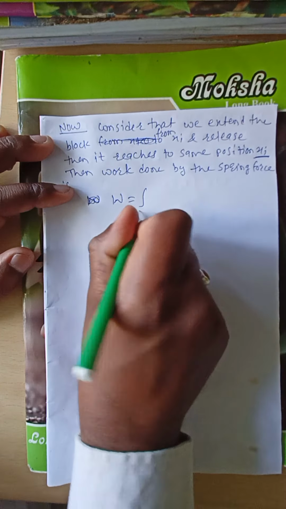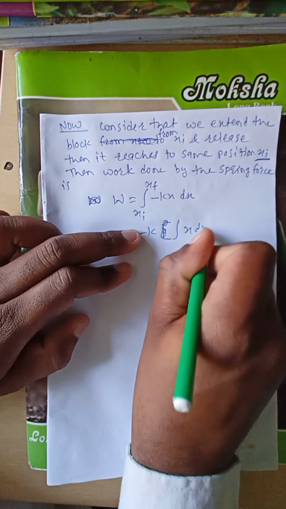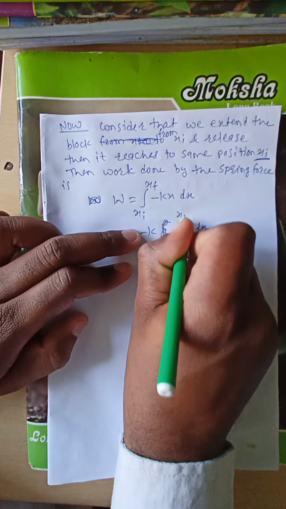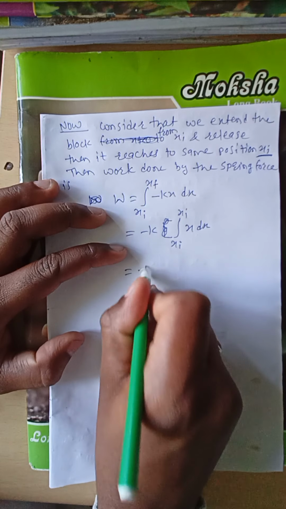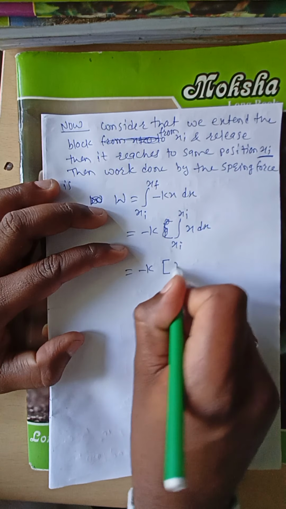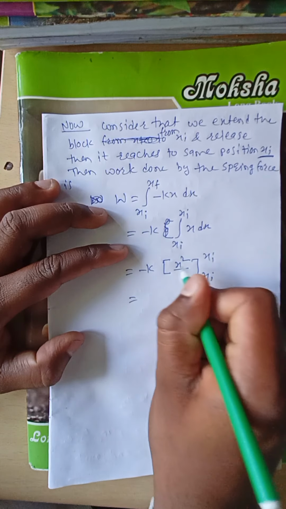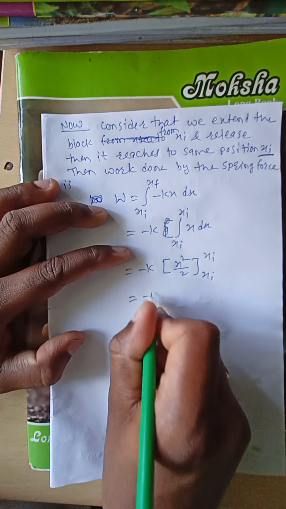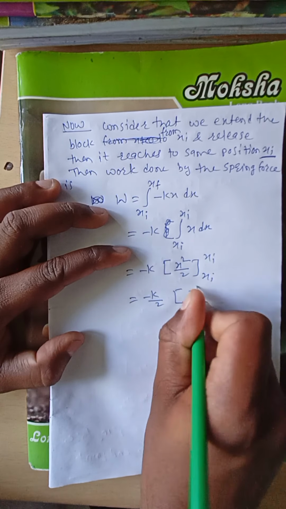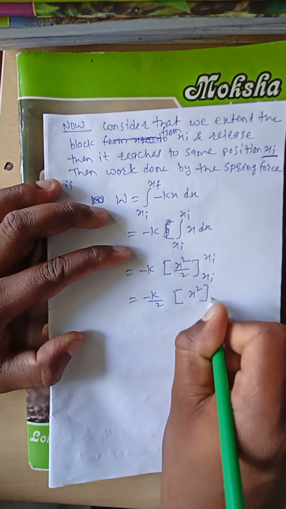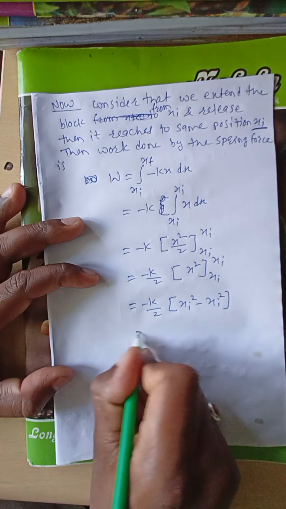Minus k is common, so we have the integration of x dx, with initial point xi and final point xi. This is equal to minus k times the integration of x, which is x squared by 2, from xi to xi. Minus k by 2 is common; in place of x we put xi, so xi squared minus xi squared is 0.